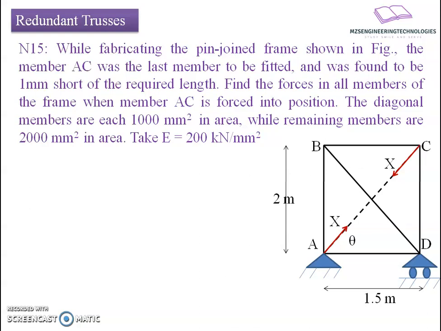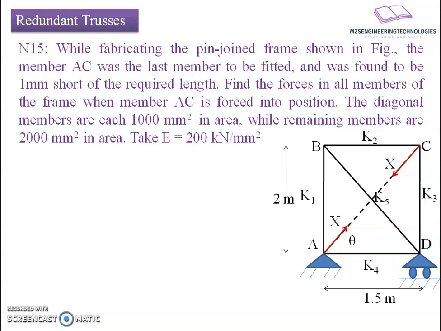So here we will apply the redundant force X on both joints A and C. Let us consider it to be tensile in nature, and we will try to find out the distribution of this redundant force, the effect of this redundant force amongst the other members. Since there is no external loading, we will not go for any external load analysis. We will go for the effect of this redundant force only directly.